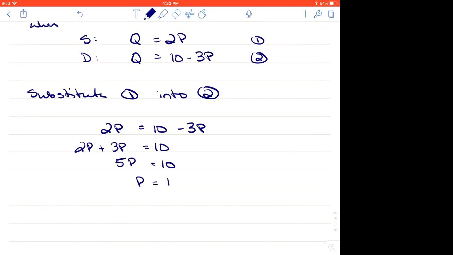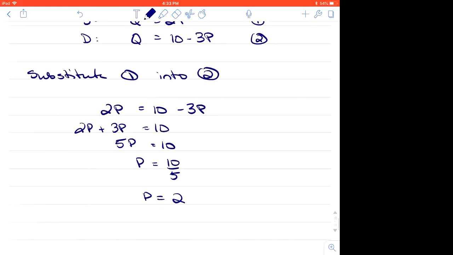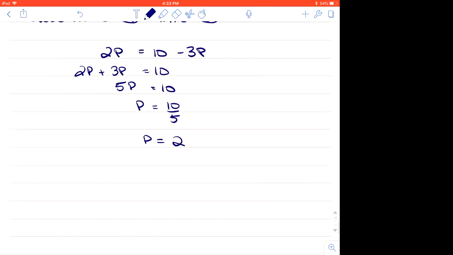So p must be 10 over 5, or if you just wanted to skip to 2, that's fine by me. So the price at equilibrium is going to be $2, whatever the units are, it doesn't matter.